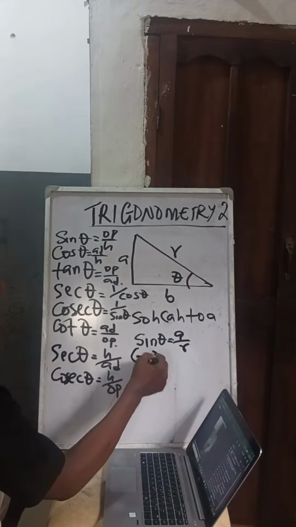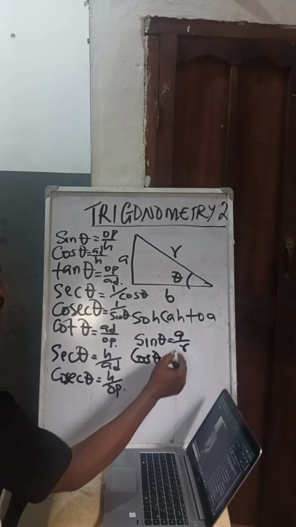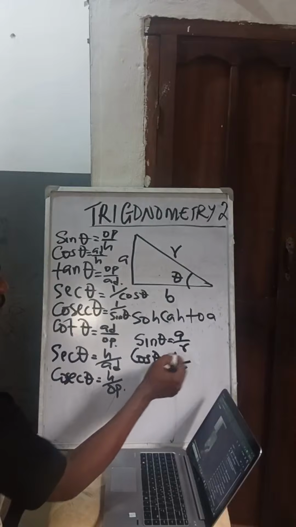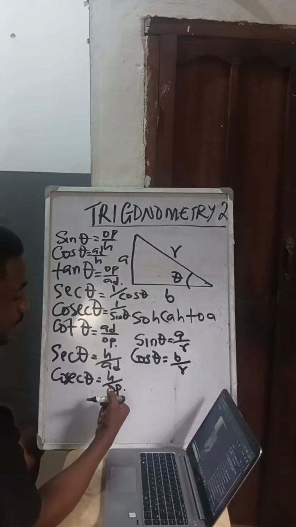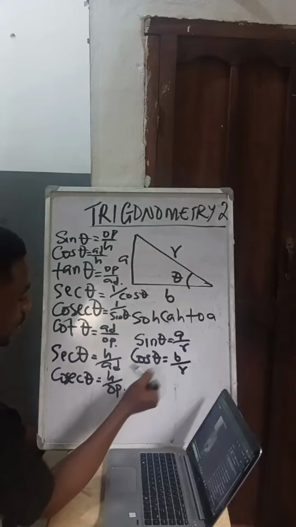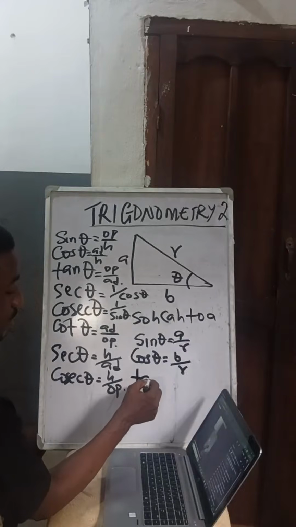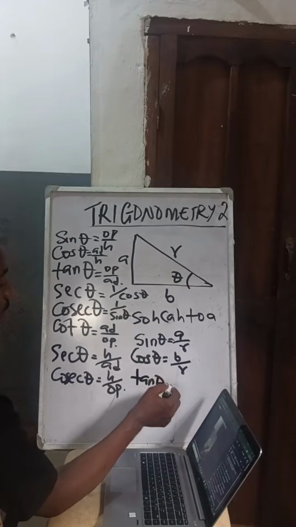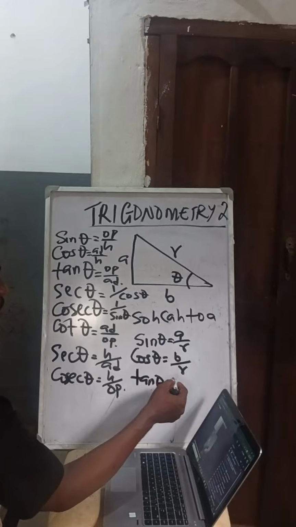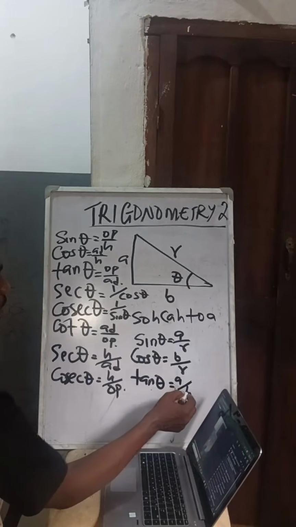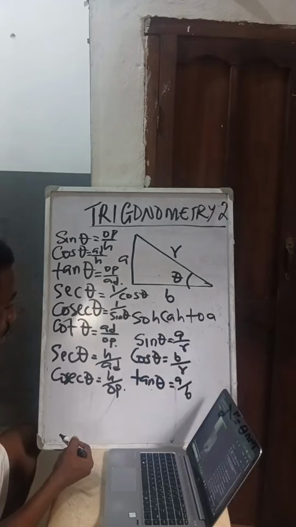Cos theta is equal to b over r, adjacent over hypotenuse. Then tan theta is equal to opposite over adjacent. All right.